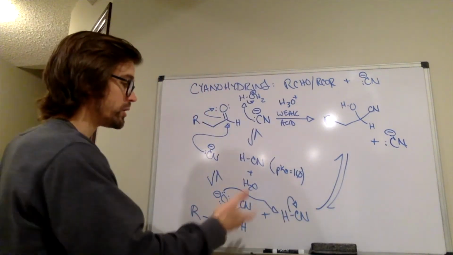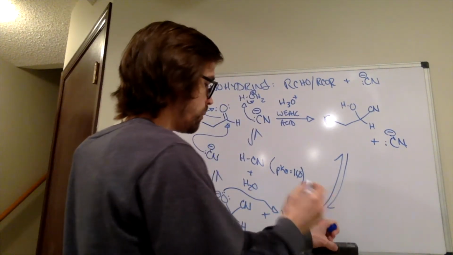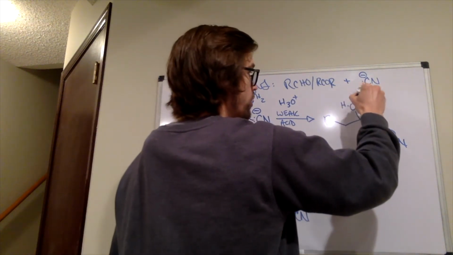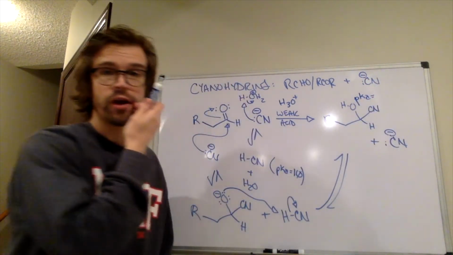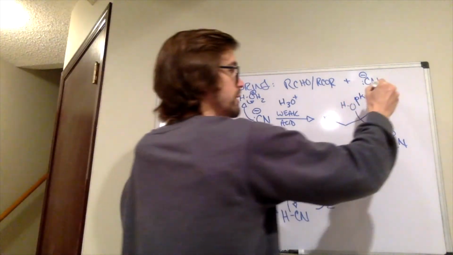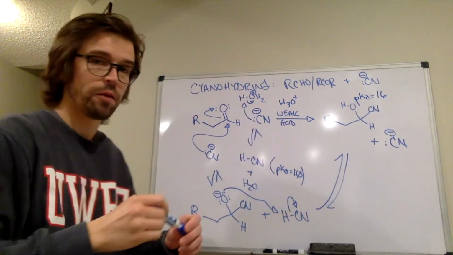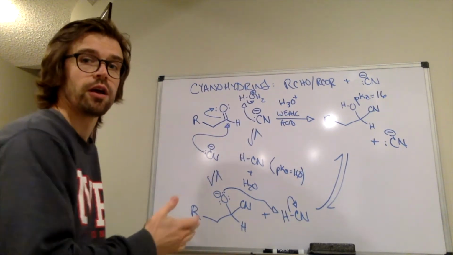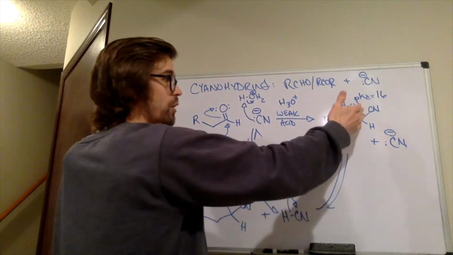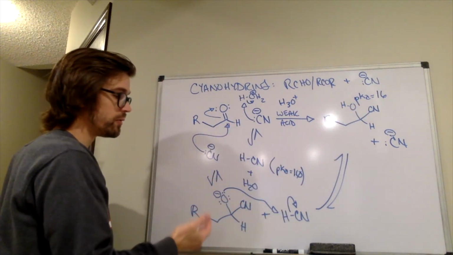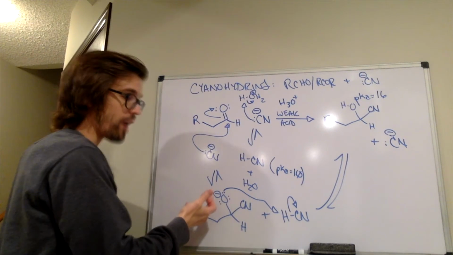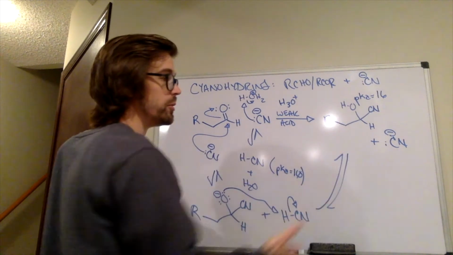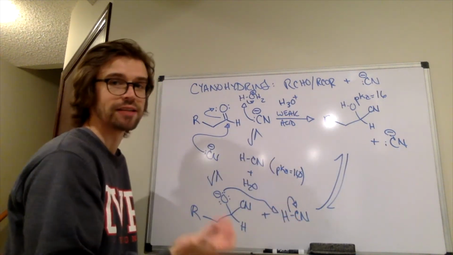So which side of this equilibrium is going to be favored? Well, the pKa of HCN, like I said, is 10. What's the pKa of this alcohol going to be? It's going to be similar to other alcohols that we've heard of before, so it should be around 16. Under mildly acidic conditions, with an equivalent or more of this hydronium ion around, the cyanohydrin is going to form, because we form the alkoxide, which will then be basic enough to protonate from the HCN, pushing the equilibrium in that direction because this is the strongest acid in solution.